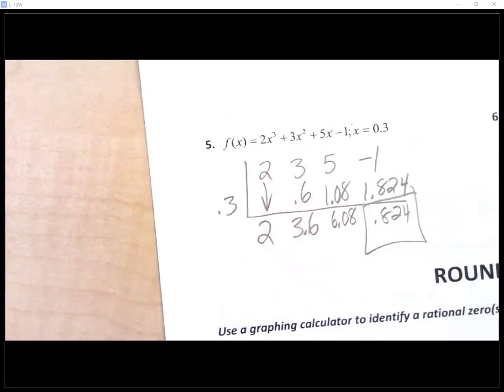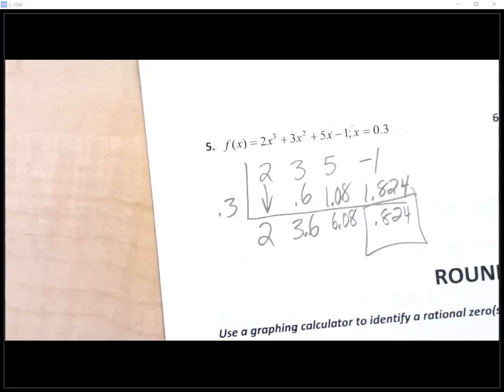Especially if we're skipping round 7. Do you know how to do round 7? You do. You just probably don't think you do. Well, you could make that graph show up on the screen, right? And then it says to use it to find or identify a rational zero and then factor the polynomial.